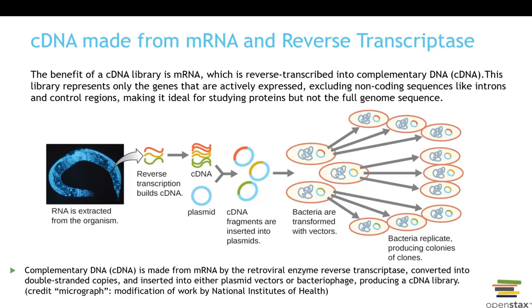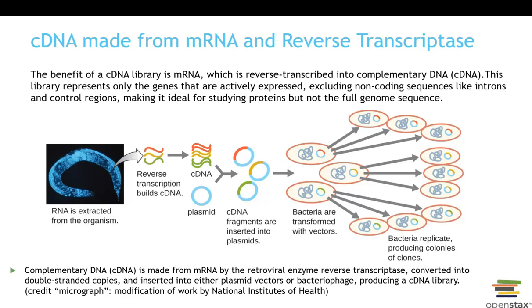For converting RNA to cDNA, we have to use an enzyme called reverse transcriptase. If you remember, transcription means making messenger RNA from DNA. So reverse transcriptase is the enzyme that can make DNA from RNA.